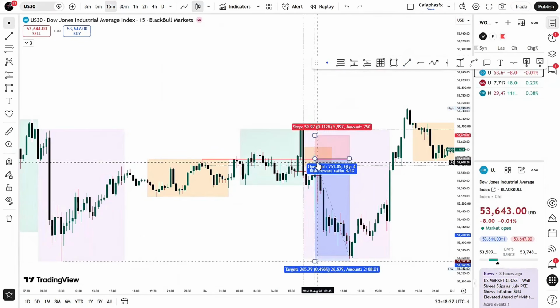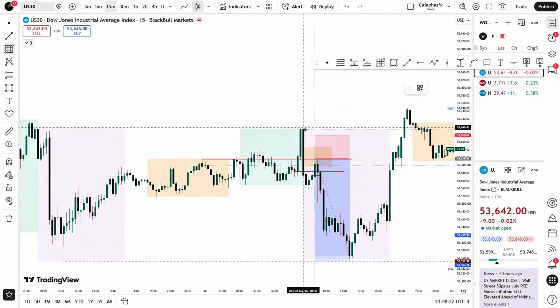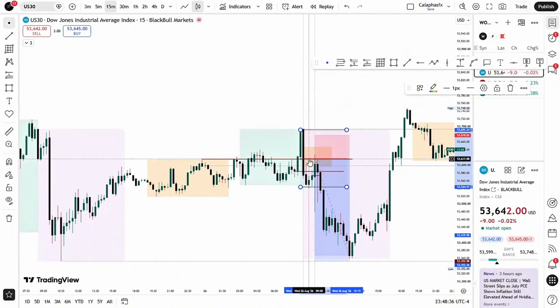The reason why I took this trade was because I used the gam box and had my entry at the 50% of it, because when you drop on a lower time frame, this was an NVG, and already this was an expansion. This was an expansion candle.